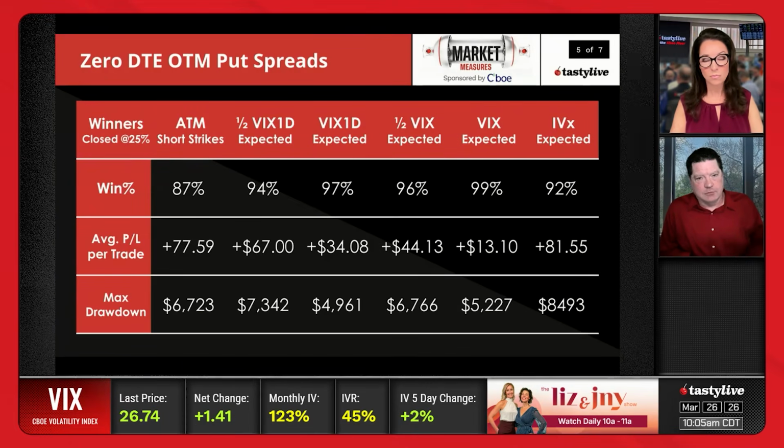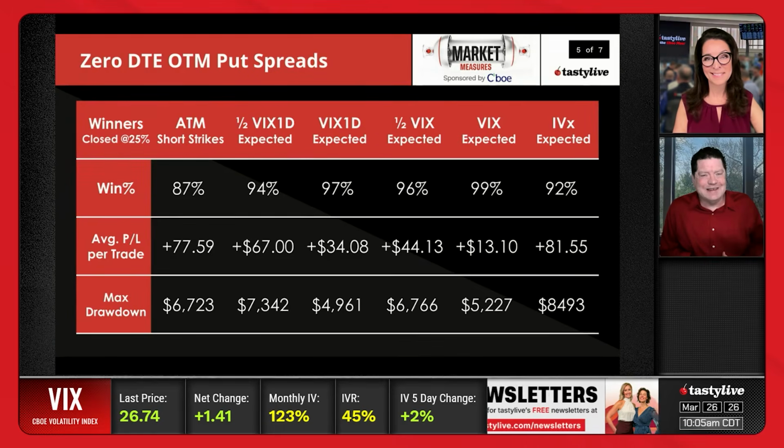So they're talking about, you start with the ATM, the at the money, and then you say, okay, what's half VIX 1D? What's VIX 1D? Well, what you guys covered yesterday was that the VIX 1 day is the CBOE product that says this is the VIX for 1 day options.